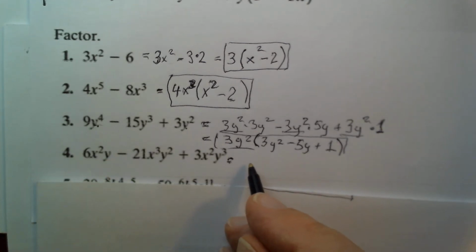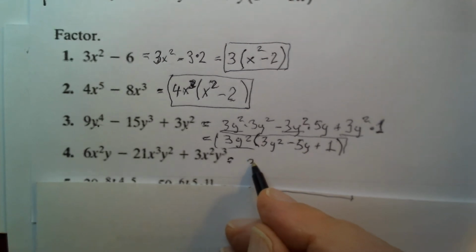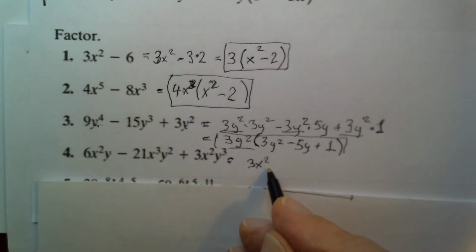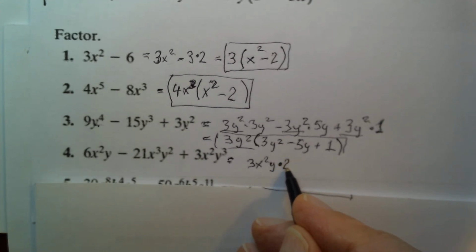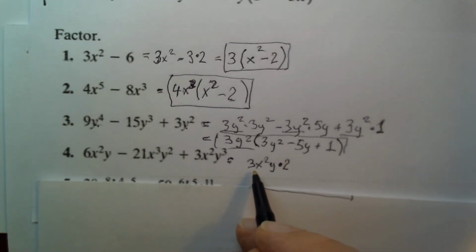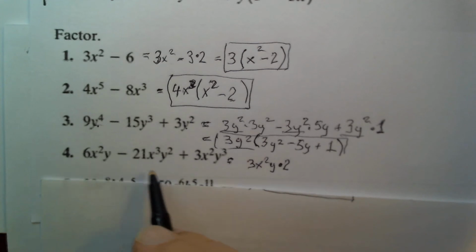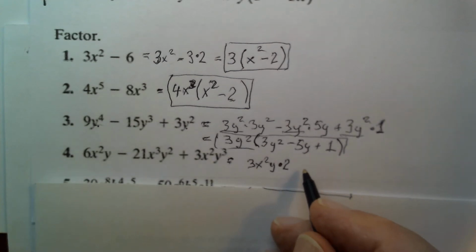So our greatest common factor that we need to find in each term is 3x squared y. And for the first term, we multiply it by 2, because that would be 6x squared y. And here, when we factor out 3 out of 21, we get a 7.